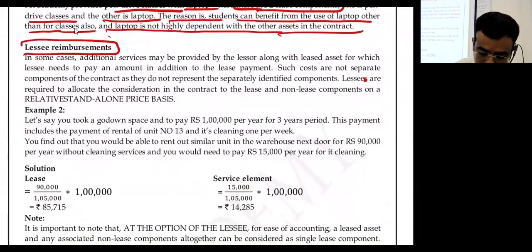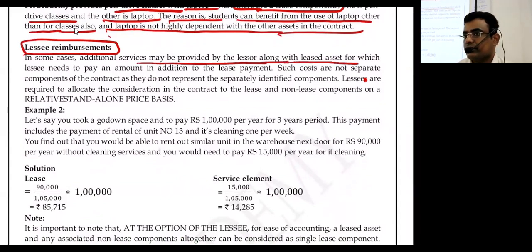Lease reimbursement. In some cases, additional services may be provided by the lessor along with leased assets. Which word should be used? Lessor, lessee? Because we identified whether it's a lease or not.